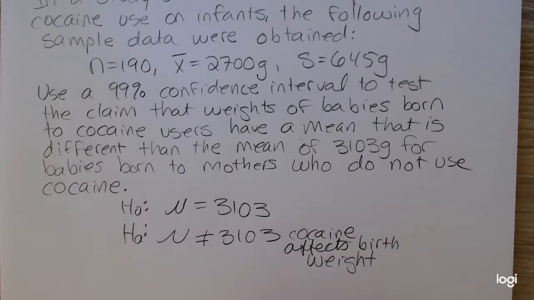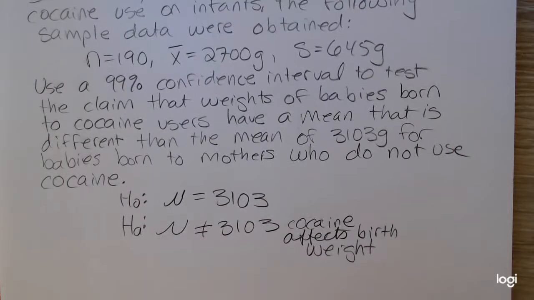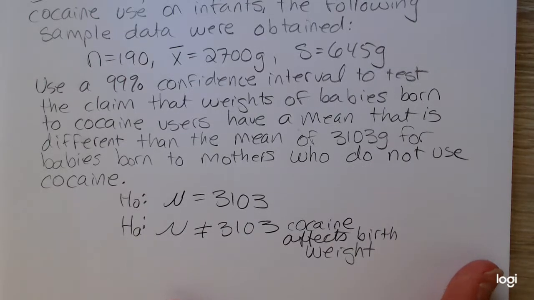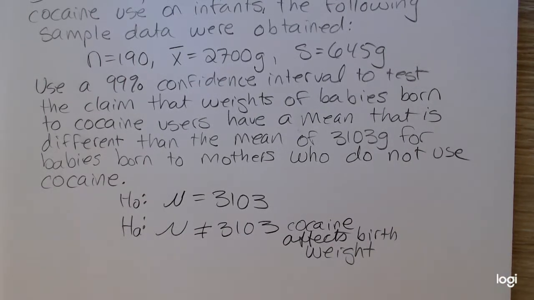Now, I've done a previous video on how to find a confidence interval using the t-distribution, or a t-interval. I'm going to go ahead and use my TI-84 to do that.